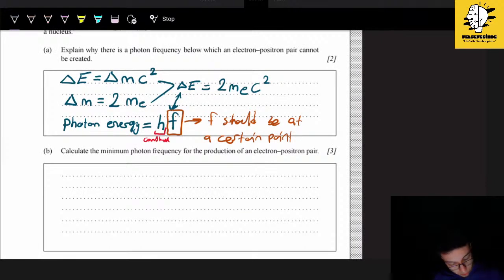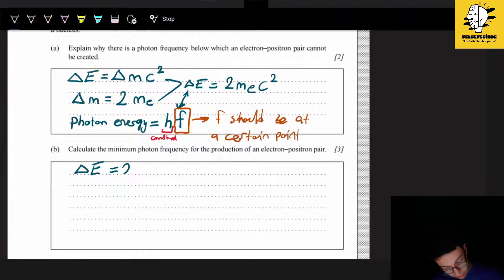Okay. So, change in energy from the first equation, I said 2me c squared, right? And I said photon energy, or I could even write like this to show you some more notations, right?